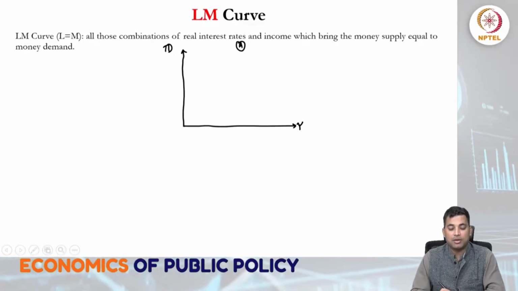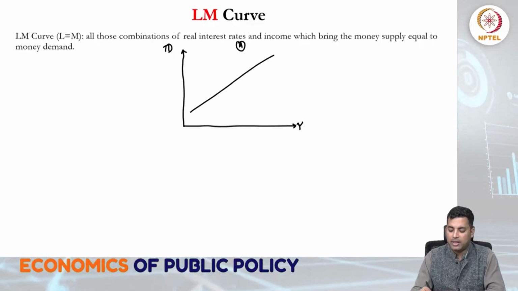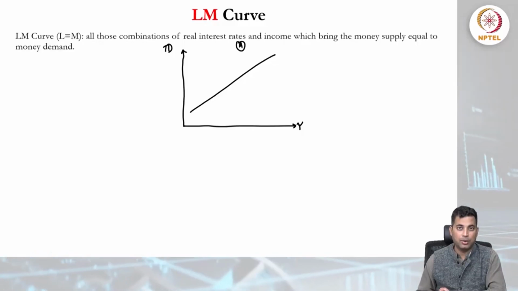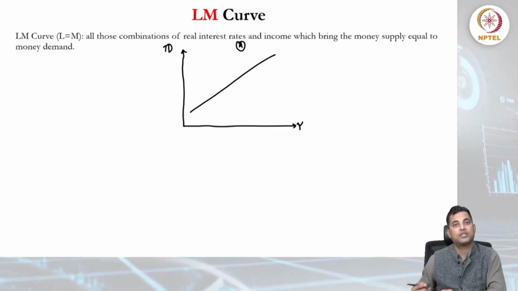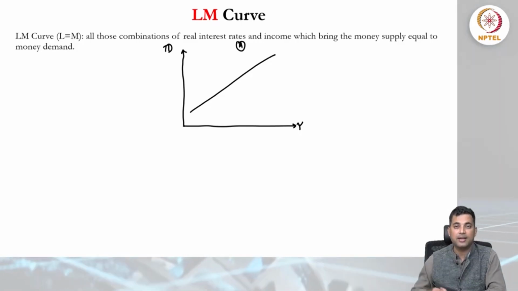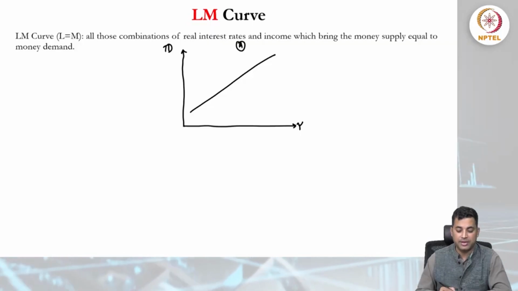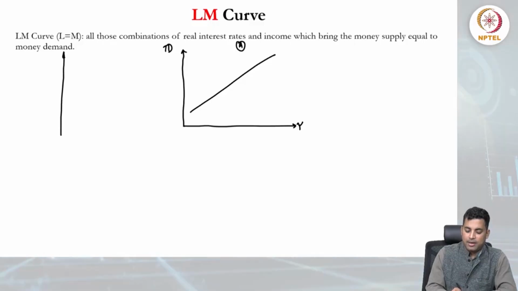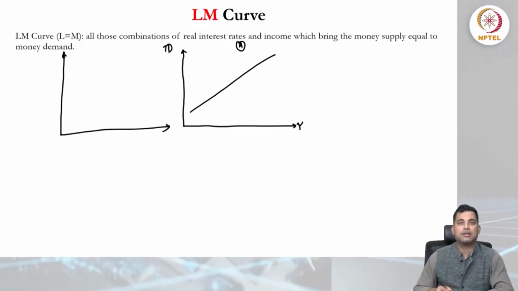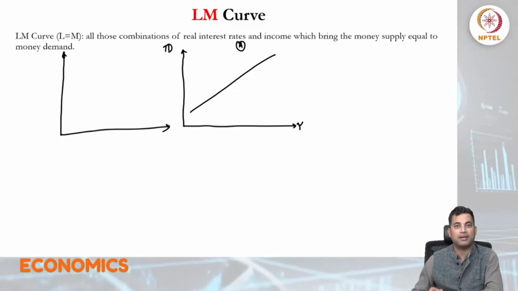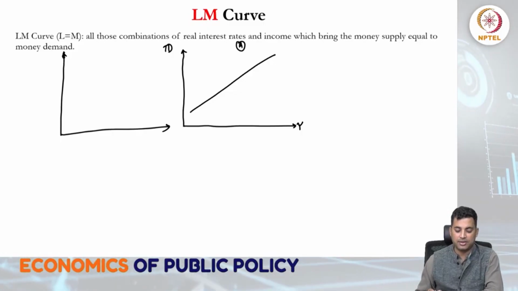So this is transaction demand for money, and transaction demand for money will be upward sloping: as income increases, transactions will go up, and vice versa. As transaction demand for money increases, or transactions for goods and services increase, overall output will increase. Now to make this discussion a little simpler, we are keeping precautionary demand for money, which is constant, out of this particular discussion.